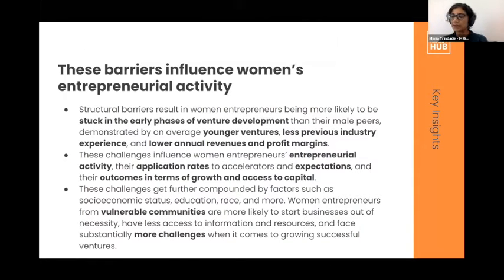And these challenges get further compounded by factors such as economic status, education, race, and more. And we know that women from low-income backgrounds are more likely to start a business out of necessity than vocation, and have even less access to information and resources and face even more substantial challenges in growing their business.